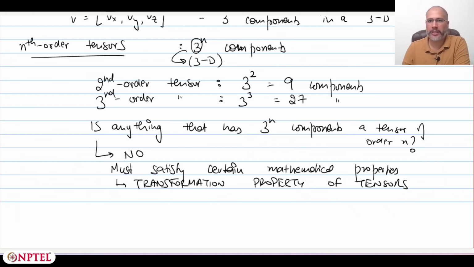We will not discuss this property today. This will be discussed in a couple of lectures from today, but you must understand and remember the fact that any object which has 3 to the power of n components to describe it does not make it a tensor.